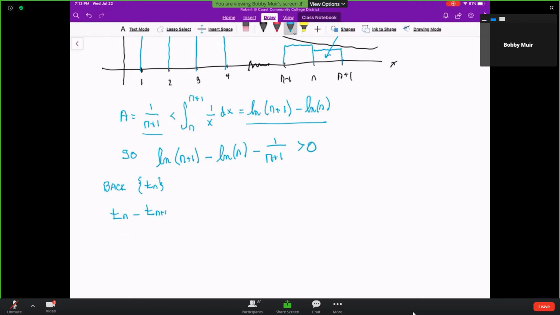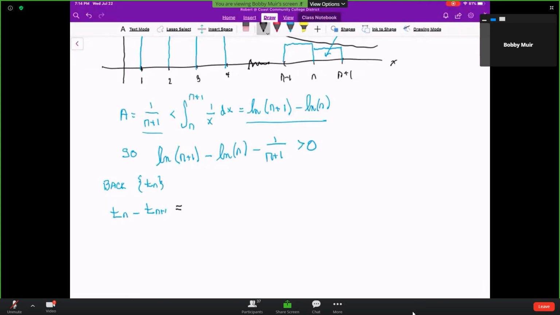Okay. Now, if I can show that this is positive for all n, that would mean that Tn is a decreasing sequence bounded below, therefore it will have a limit. So we write in what it is.